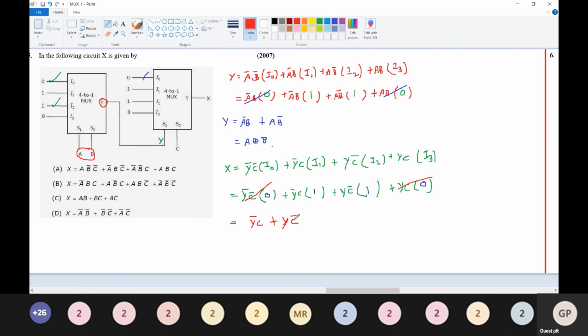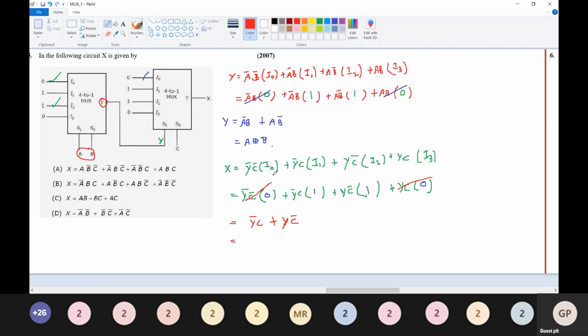Okay, fine. So now we'll write the value of Y. What is the value of Y here?